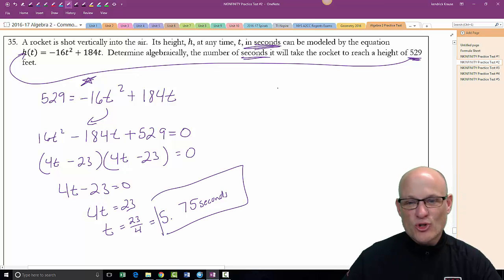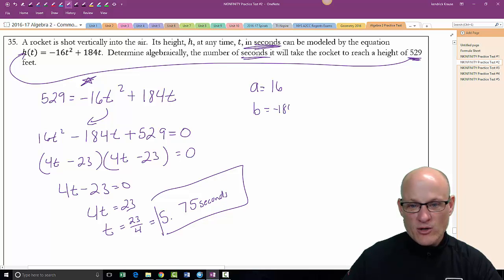Now, let's say you couldn't do that or you don't have that tool to help you factor. You just go through the quadratic formula. A equals 16. B equals negative 184. I know it looks hard, but it's not. C equals 529.